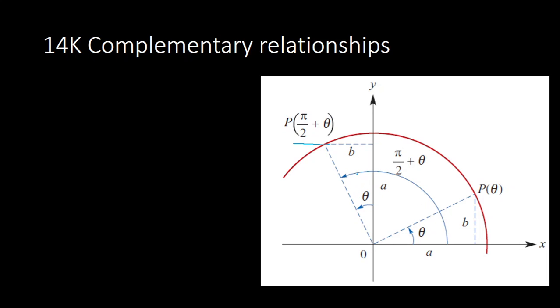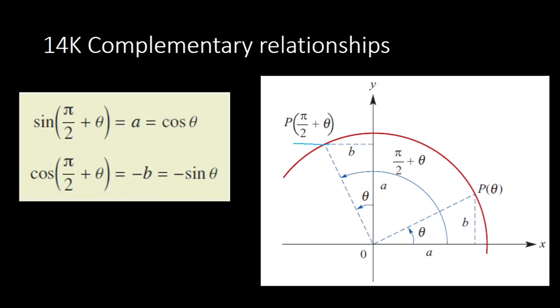It's the same triangle, they're congruent triangles, so A and B are the same, and for this triangle A and B are equal to cos of theta and sine of theta, and we can generate those new relationships.